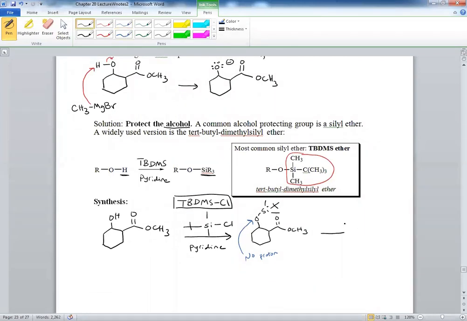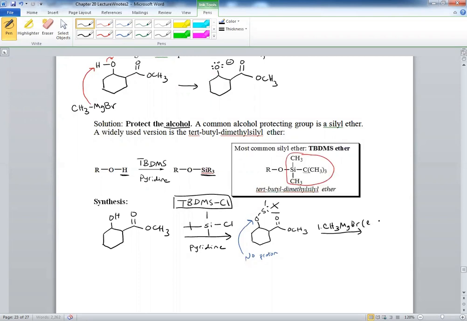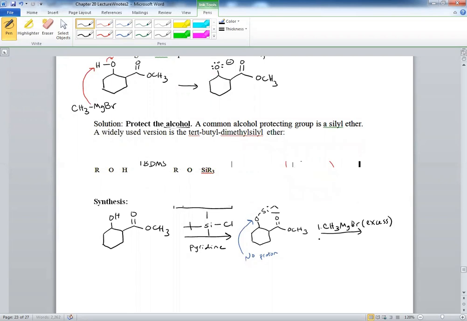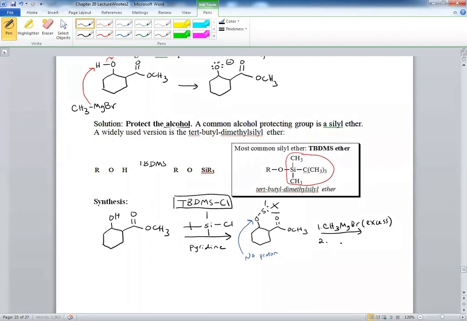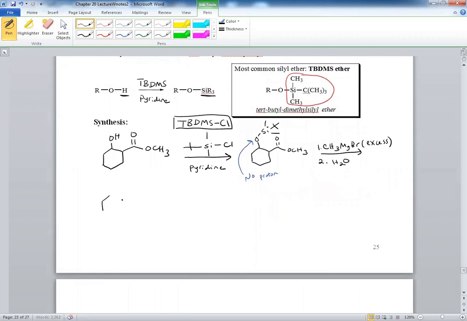So you have to use CH3MgBr, and you have to use excess amount so that it can react twice with the ester, then H2O, and you would produce, so this is left alone.